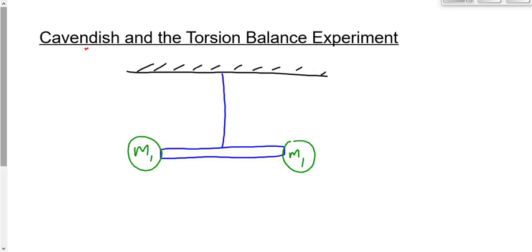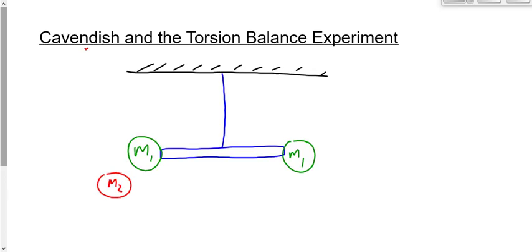So two masses are the same values. Mass 2 isn't in the equation yet. Now, we're going to bring another mass nearby one of these M1s. We'll call it M2, and it's being brought nearby M1. What happens to M1 as a result of this?